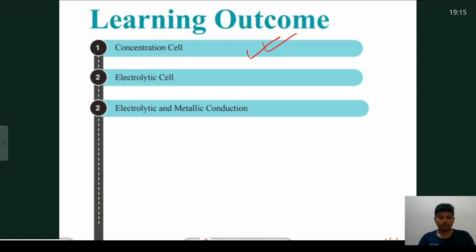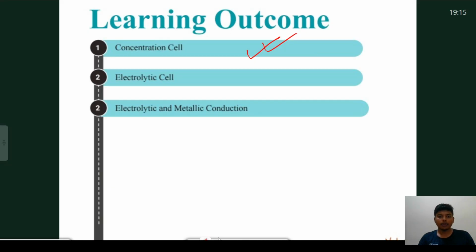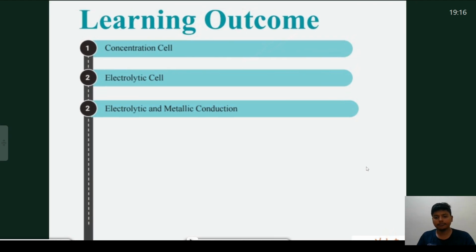When the same element of electrode is taken for both sides, only the concentration will be different.